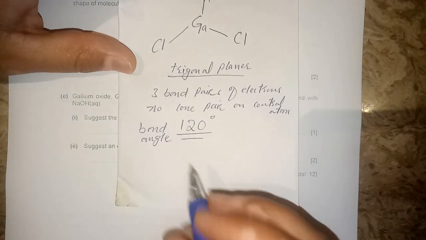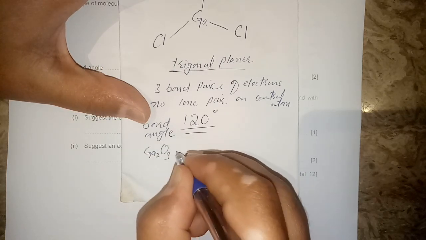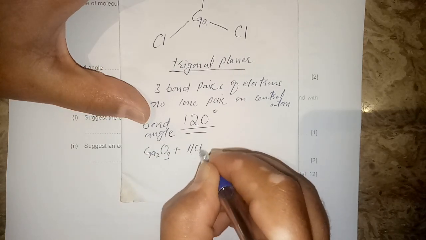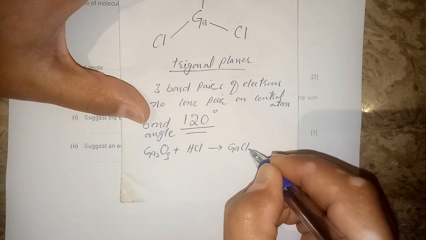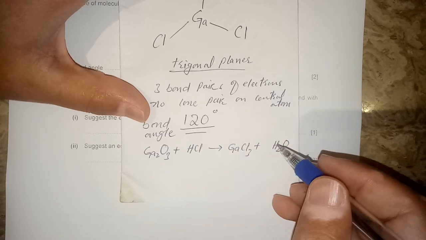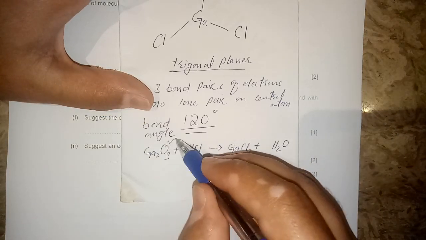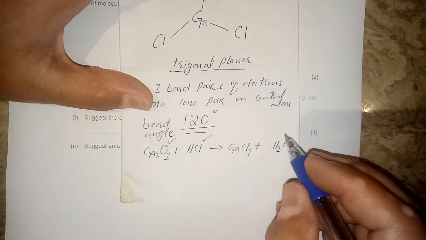So we have to write the equation like this. Here this is Ga2O3 plus HCl, so it produces GaCl3 plus H2O. A neutralization reaction takes place; this behaves like a base and this is an acid, so we have to balance it.